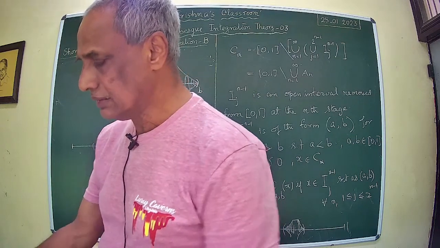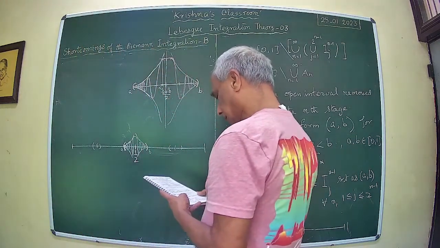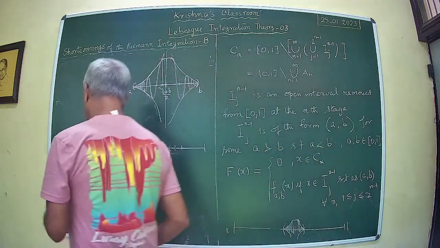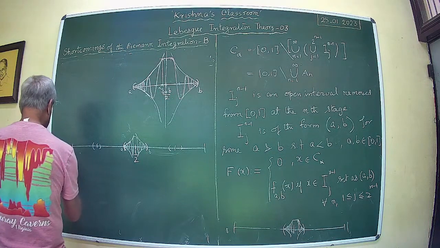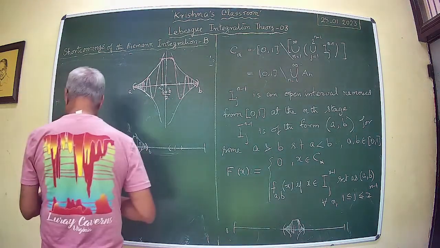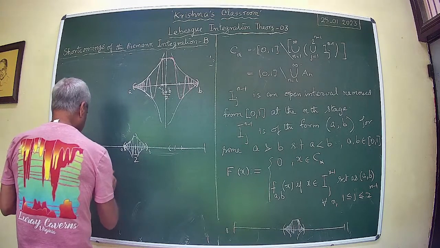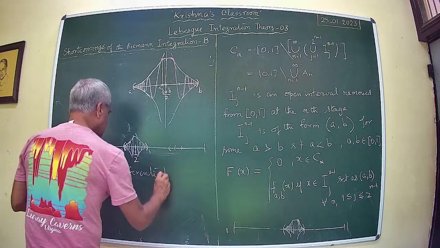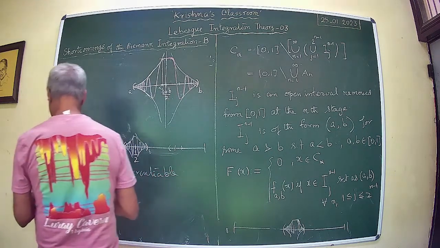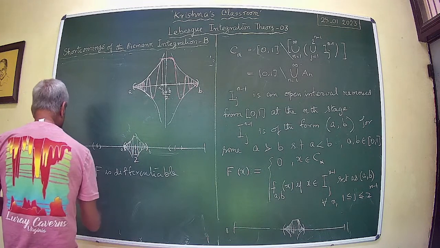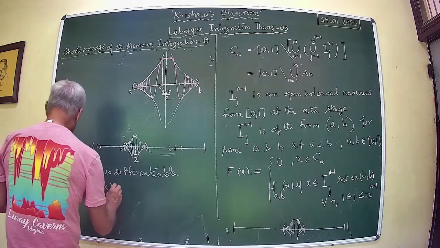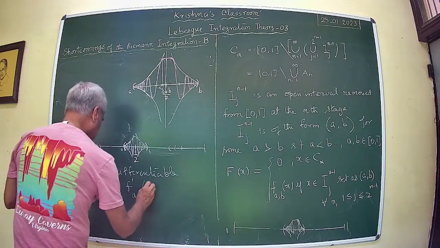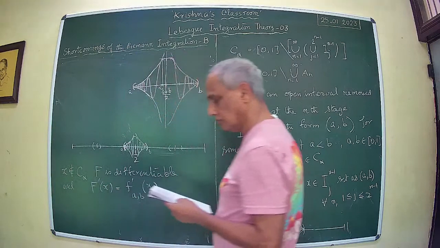Now you see that the function capital F, on the complement of C alpha, F is differentiable, and f derivative of x equals f derivative AB of x, with the appropriate AB that you use.